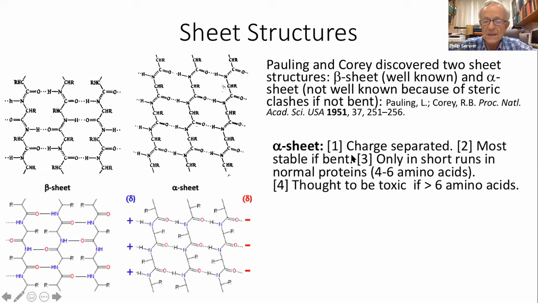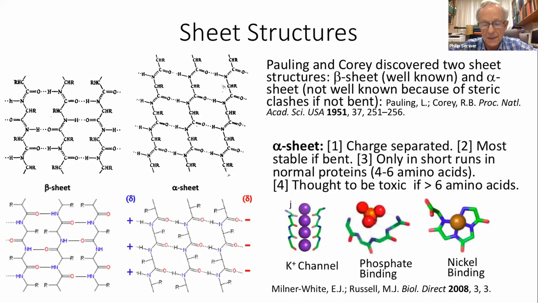Okay, important is that alpha sheet in human proteins only occurs in very short runs. One of the reasons for that is it's thought to be toxic if greater than 6 amino acids. And where do you find alpha sheet? You find it in potassium channels, water channels also, and in ion binding sites.